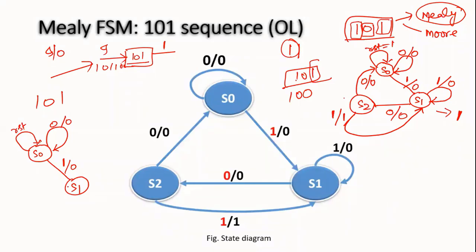Next. Now you are in the state you reach by receiving the first one. The chances are you will get input as 0 or 1. If it is 0, then you are getting the second input. So you are not going to give any output, but you are going to state S2, which means at this point you have received 1 0. Still, you have not received 101. Got it?